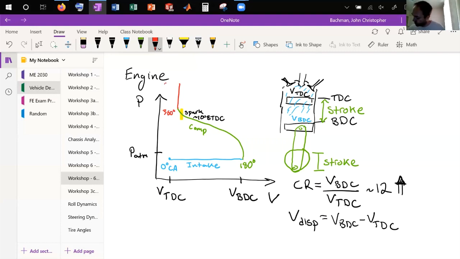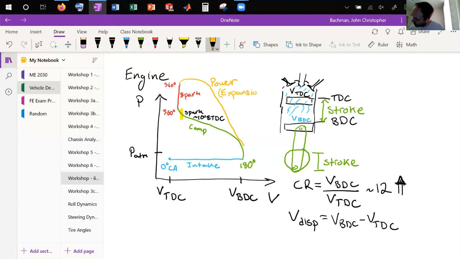So this is just the spark phase. And then you're going to have your combustion phase, and then you're going to have your power stroke, or your expansion stroke.